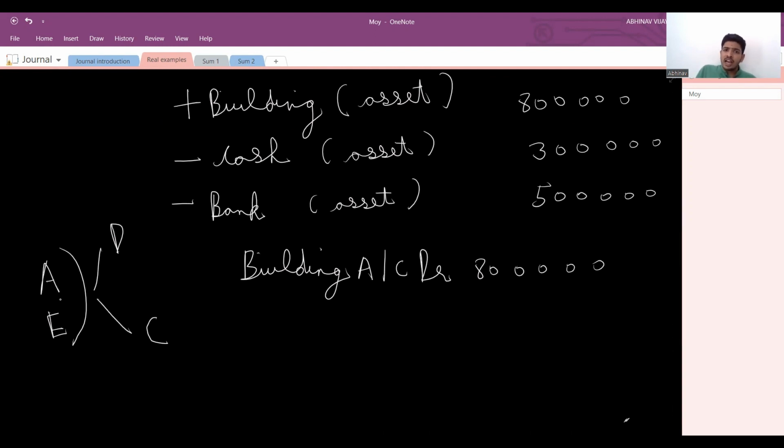Now cash is an asset. It will be credited because it decreases. What is the format for credit? To cash account 3 lakh. Now again, the final part of the logic. Bank account is an asset. It gets reduced, so it will also be credited, to bank.